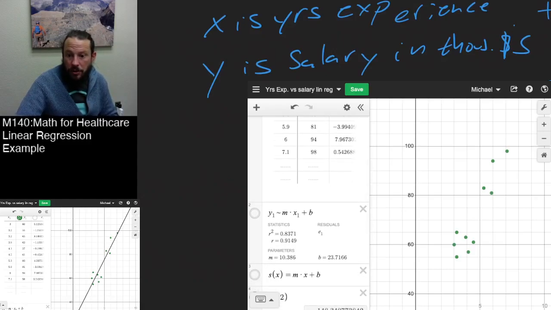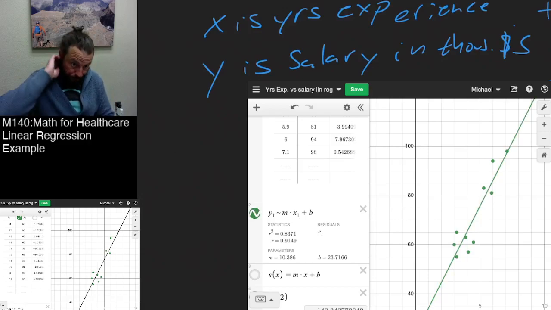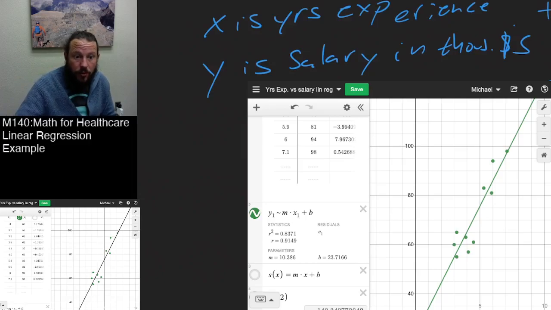We enter y1 tilde m times x1 plus b, and that will give us the line. And of course it also gives us the slope of 10.386 and the y-intercept of 23.7.